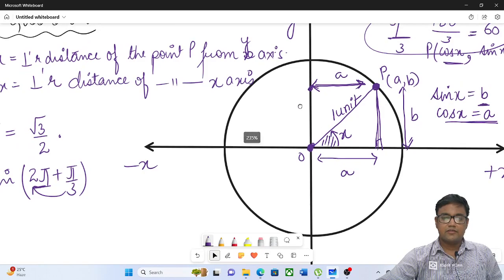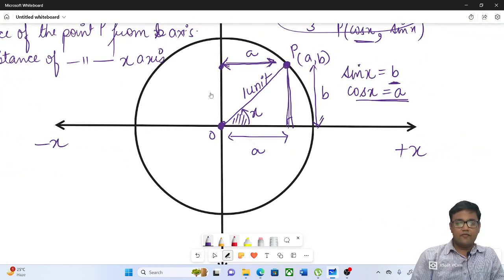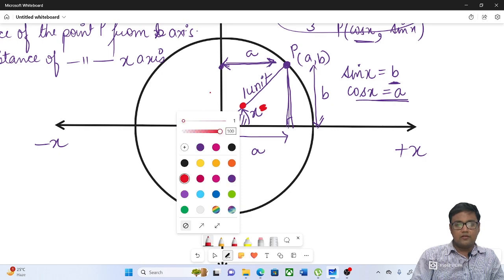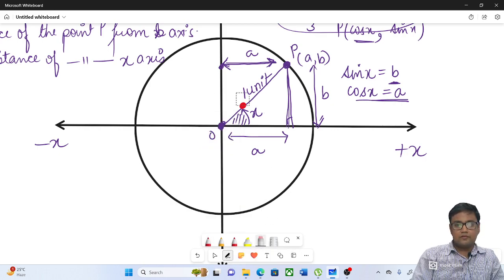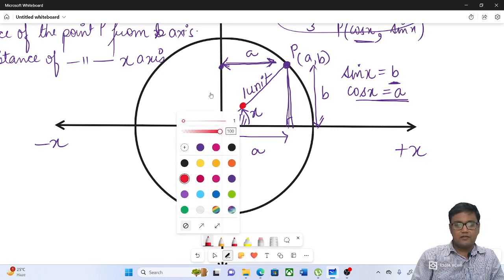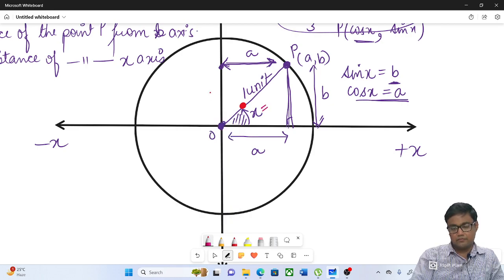Now, see children, this is the unit circle we have here. Let us say that this is pi by 3 which I took, x is pi by 3 or 60 degrees, pi by 3 radians.